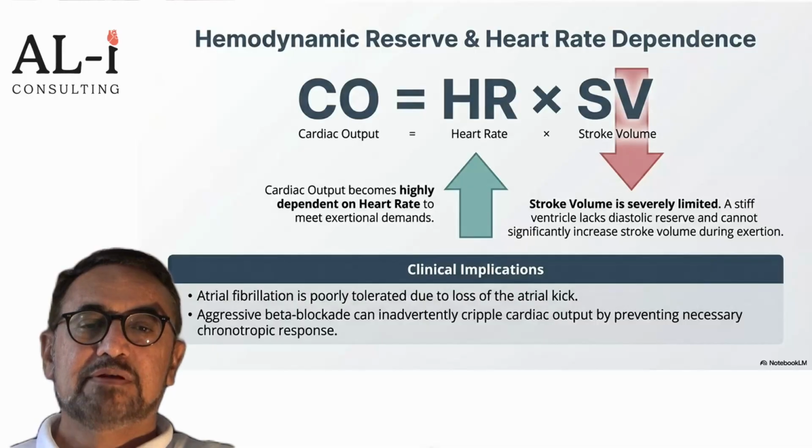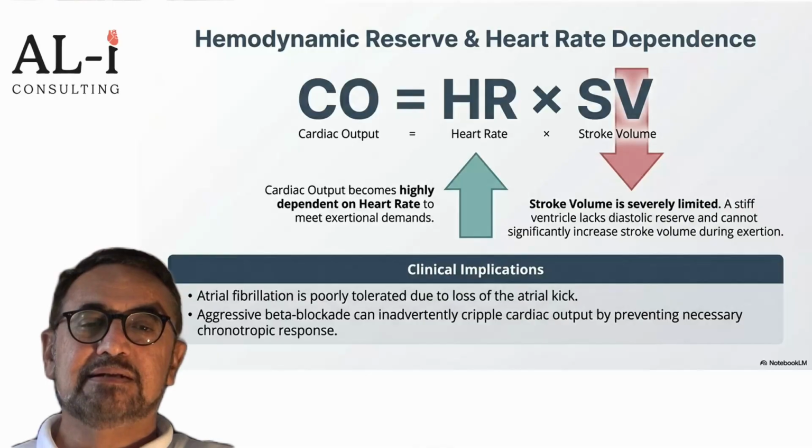In HFpEF, stroke volume reserve is limited because the stiff ventricle cannot augment filling and therefore cannot substantially increase output through preload recruitment. As a result, patients become highly dependent on heart rate to meet exertional demands.